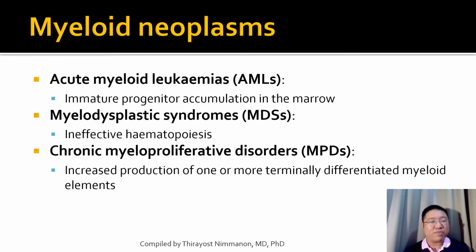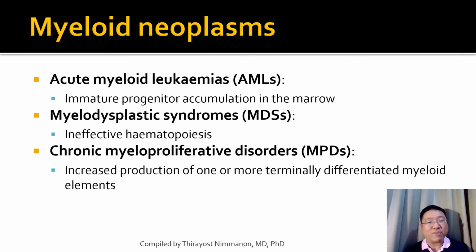So we expect to see so many blastic cells accumulated within the bone marrow, and the blast cells may exit the bone marrow and enter blood circulation. So we will see a lot of blast cells in the peripheral blood as well.